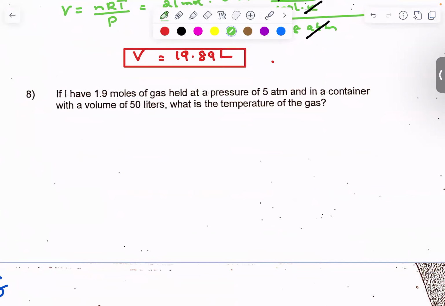Next, please. If I have 1.9 moles of gas held at a pressure of 5 atm and in a container with a volume of 50 liters, what is the temperature of the gas?